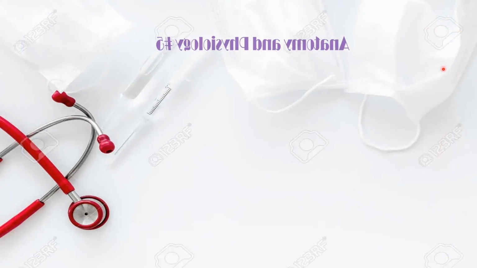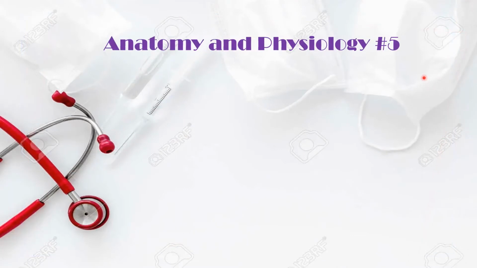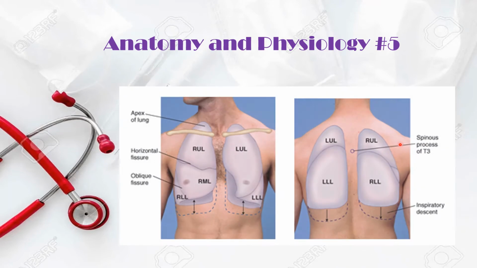Aside from using those vertical lines to describe our findings, we also have to use the following exterior landmarks, a picture of the lungs and their fissures and lobes on the chest. Anteriorly, the apex of each lung rises approximately 2 to 4 cm above the inner third of the clavicle.